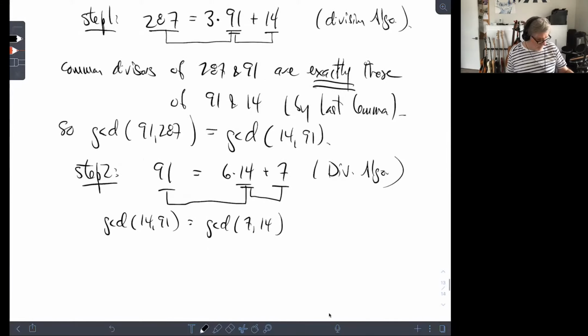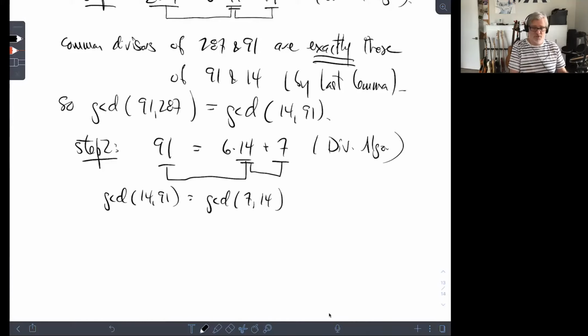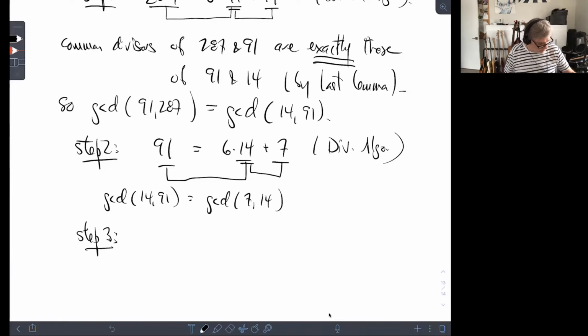But just to show you what happens if you're a machine and you're not smart, you just follow instructions. I'm not accusing you of being machines. We're all machines, but step 3. So I repeat: 7 and 14. So 14 is 2 times 7 plus 0. Of course, we're going to get 0, but that's your stop sign.